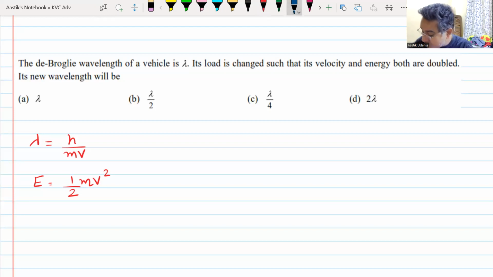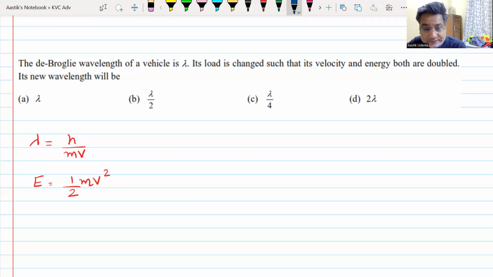Sir, load is changed. The load is changed so that the velocity. Oh yes, load is changed. That means the mass has changed, and in such a way that velocity and energy both are doubled. What will be the new wavelength?